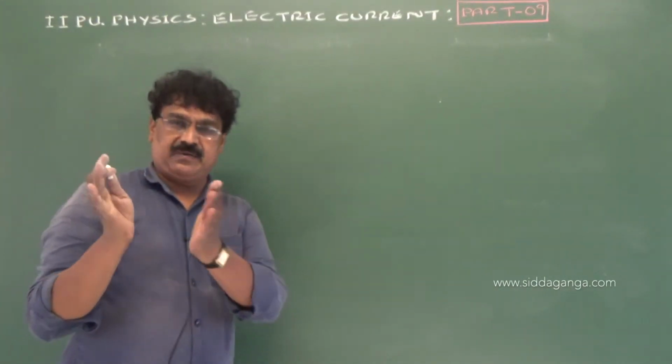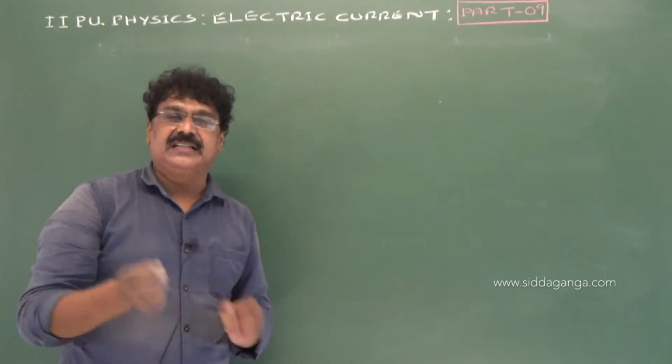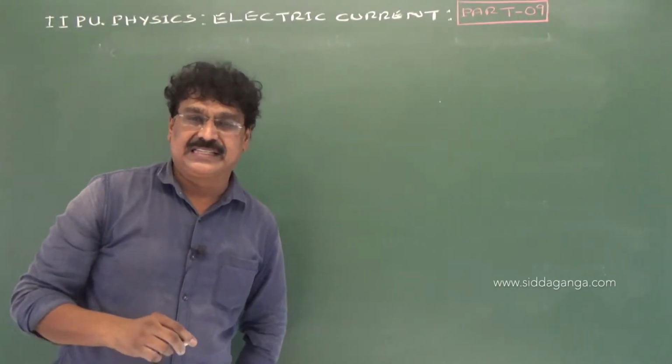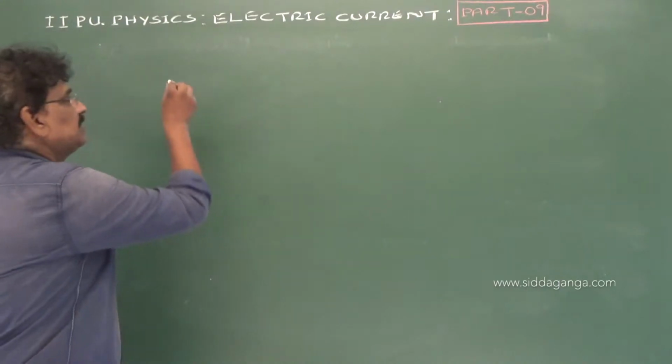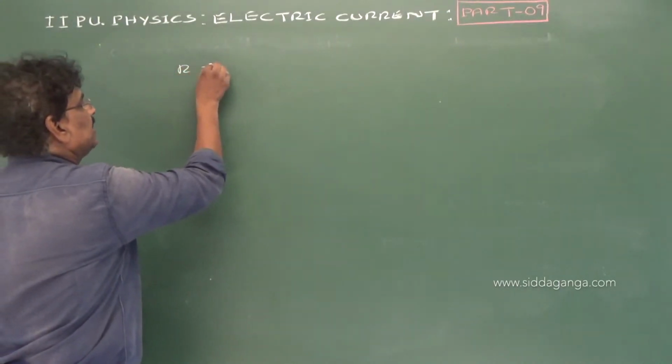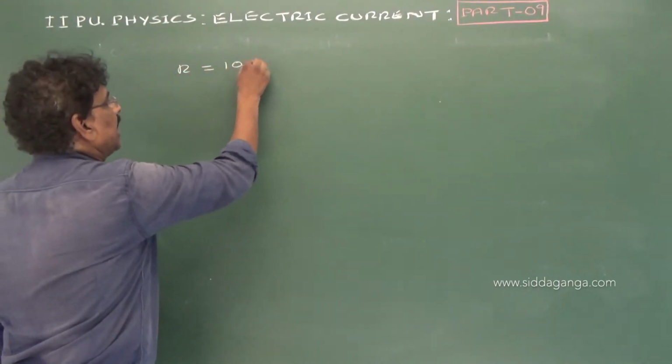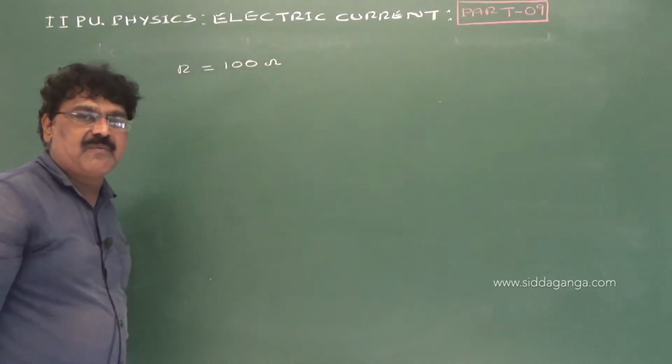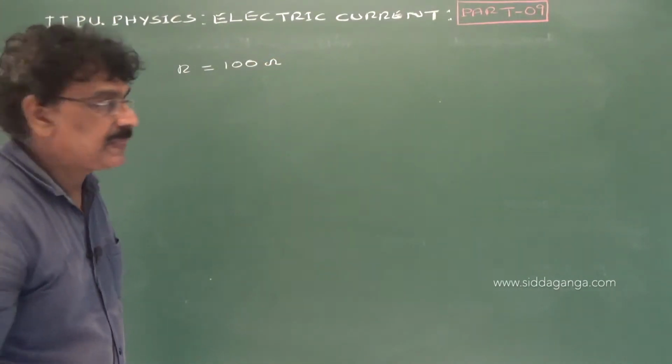Now let us understand what exactly is the tolerance of a resistance value. Suppose we are having resistance R is equal to 100 ohm. It is the marked value of resistance.